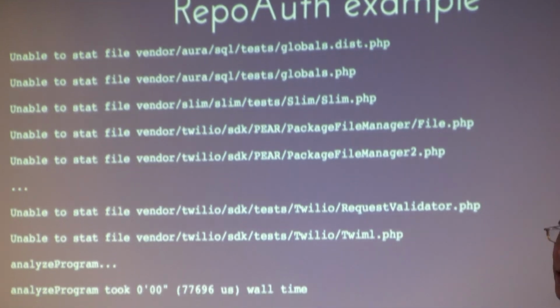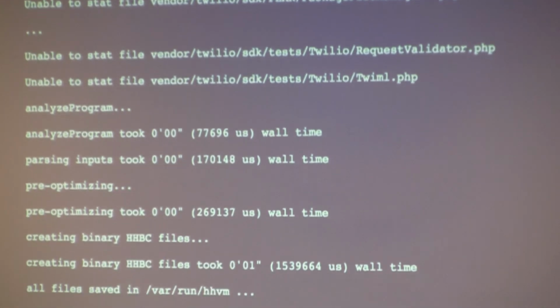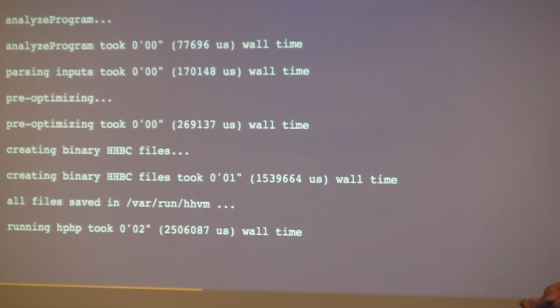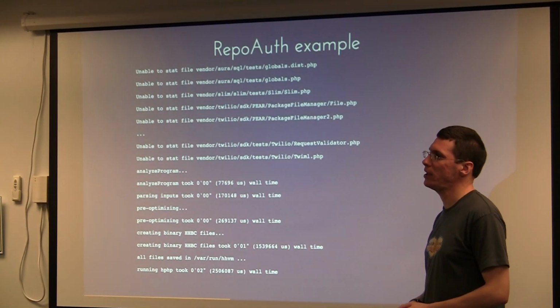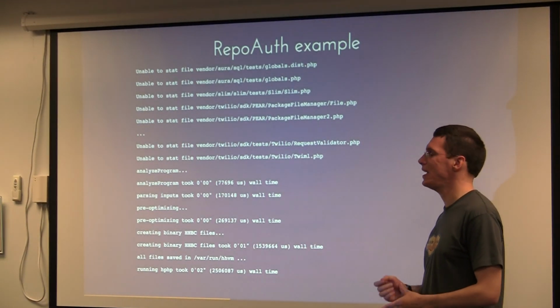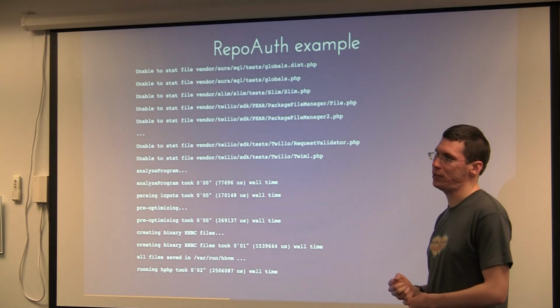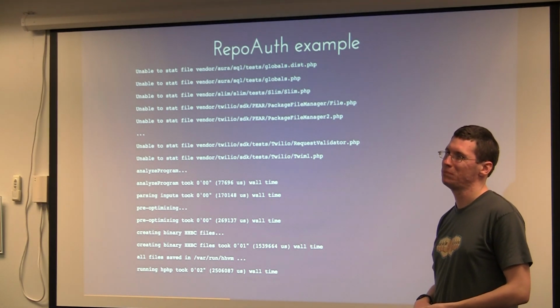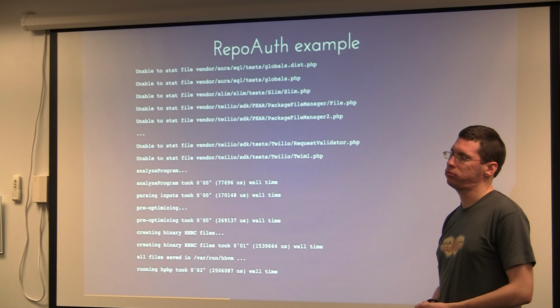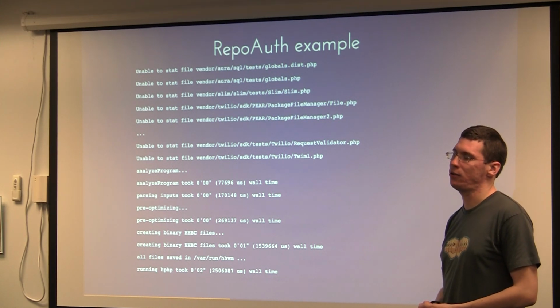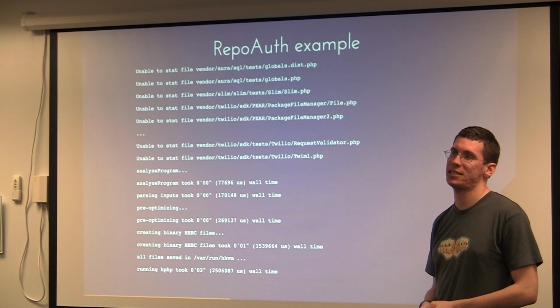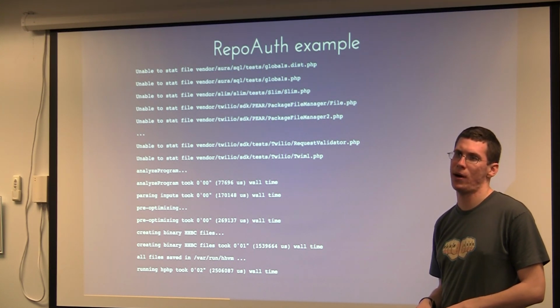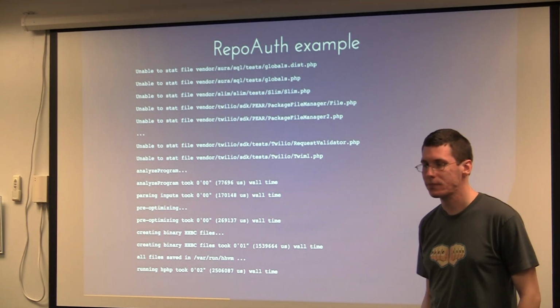As you can see, it skipped all the tests, which is fine. It spit out a 3 or 4 meg file, and it only took 3 seconds for probably a few thousand lines of code, including the libraries. So it's not screaming fast, but considering that it's making optimizations pretty heavily along the way, it's decent.